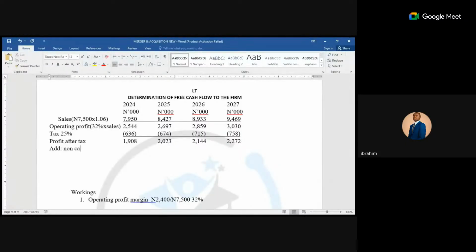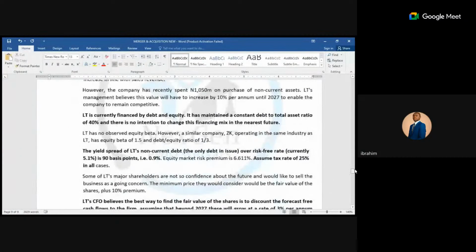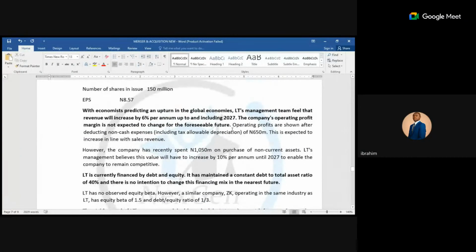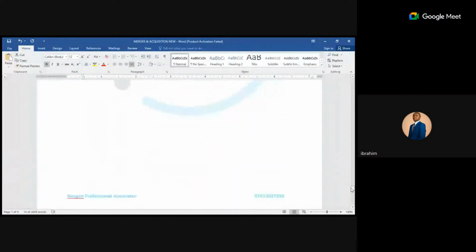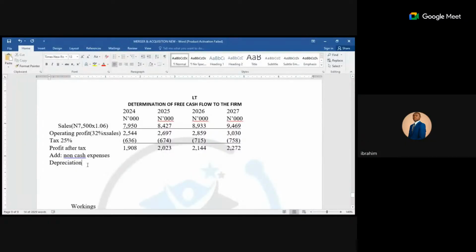Non-cash expenses, which include depreciation. We were told that the non-cash expenses, which include depreciation, is 650 million. Can you see it? And this is expected to increase in line with the sales revenue. 650 times 1.06.